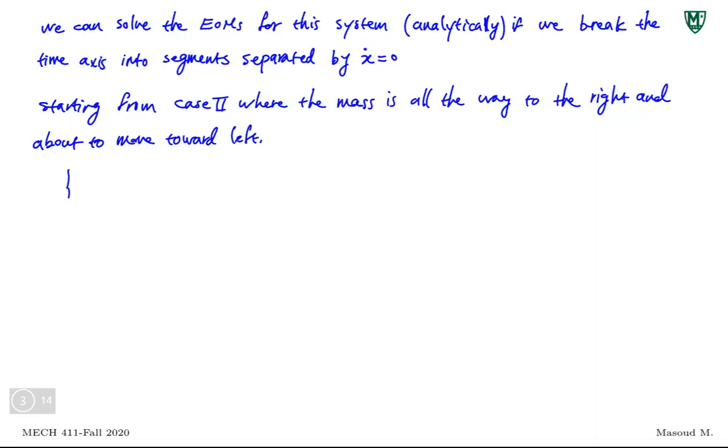Hopefully you can get the initial condition, right? We have a second order differential equation, we need initial conditions to solve it. So when we're all the way to the right, the moment that we are switching the direction, the velocity is 0. I'm going to take that time as t equals 0. That's where we start our analysis.